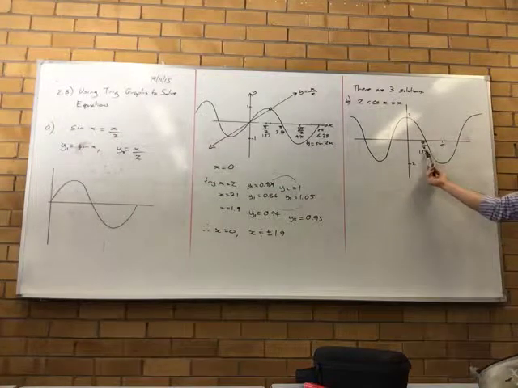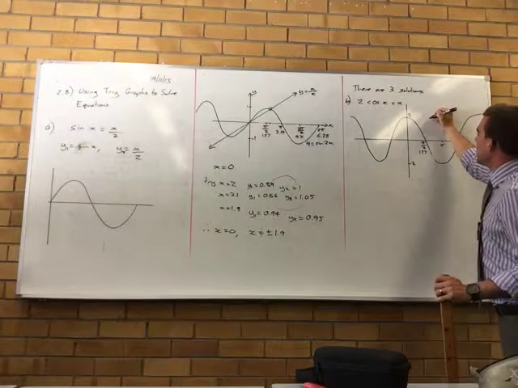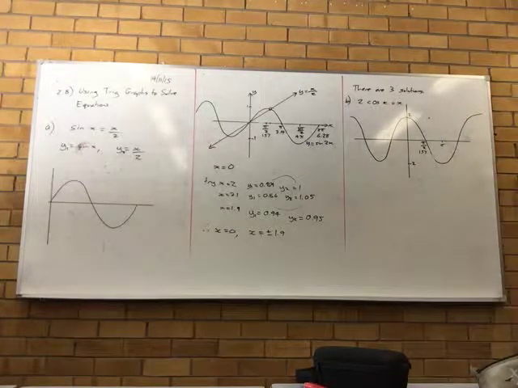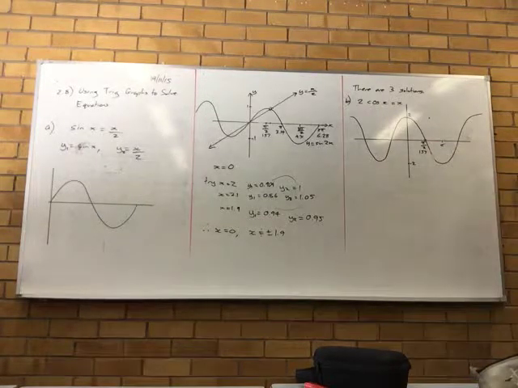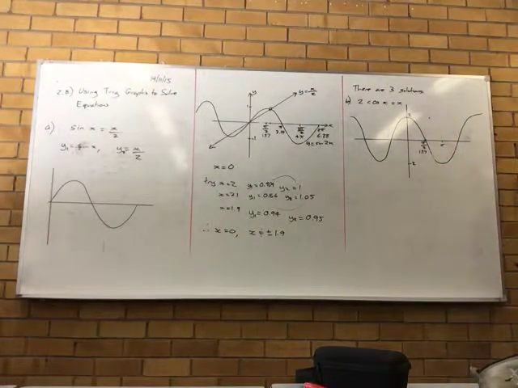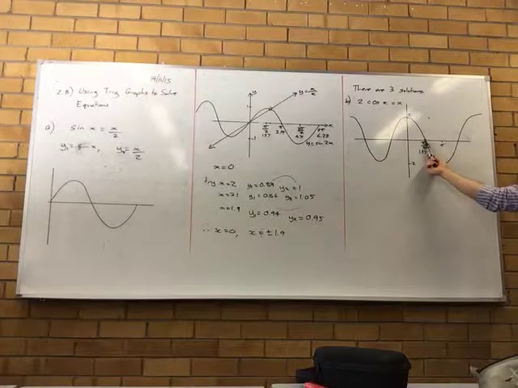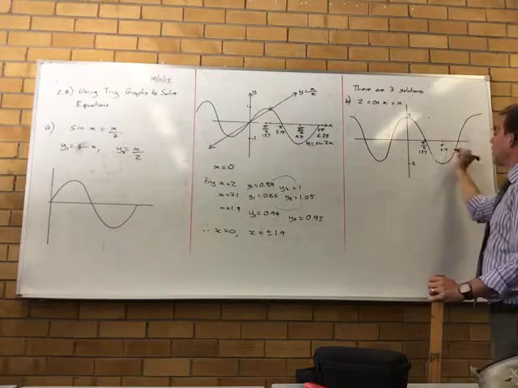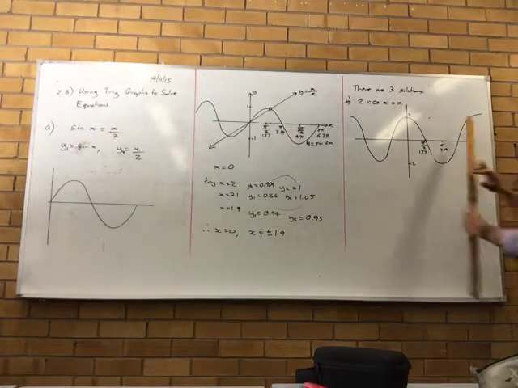Because this is 1.57, the 2 is going to be on this side somewhere of your curve. I know this intersection here is 1.57, and the point 2 is going to be on the line y equals x, so it's going to be this side of the intersection point here, but pi is 3.14, so it's going to be between pi on 2 and pi.